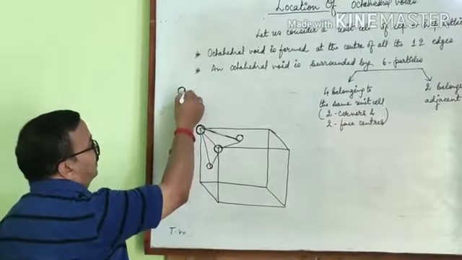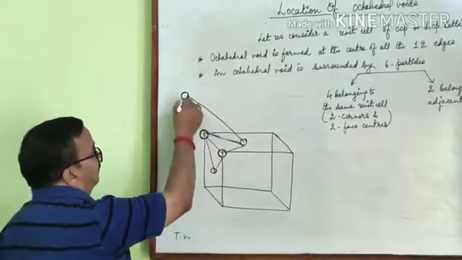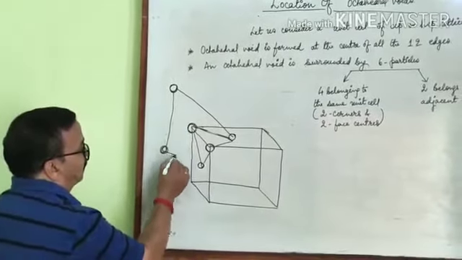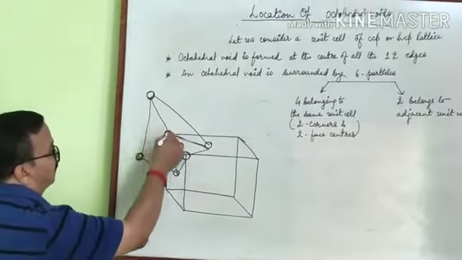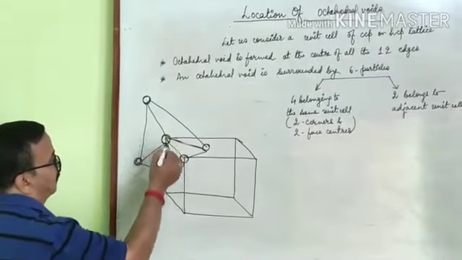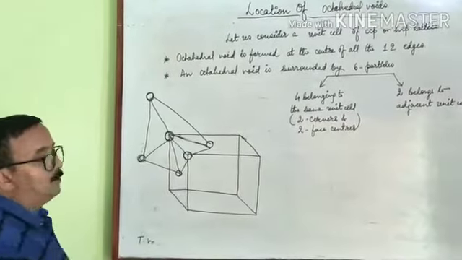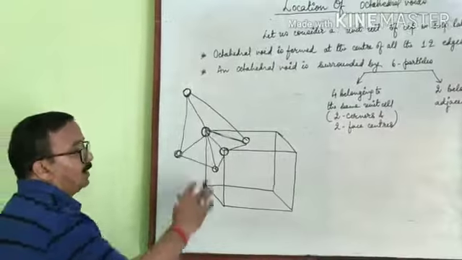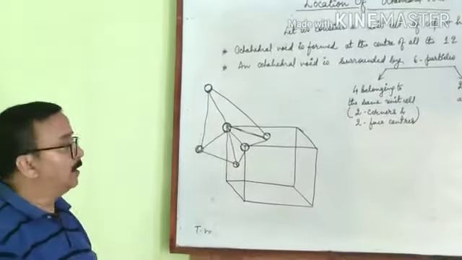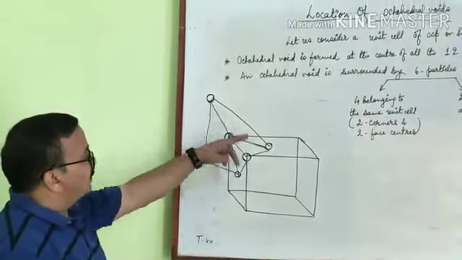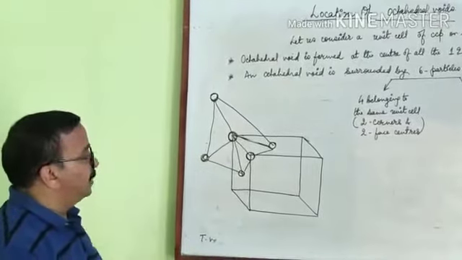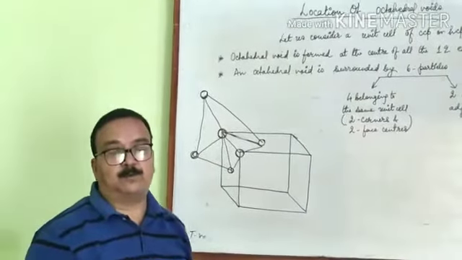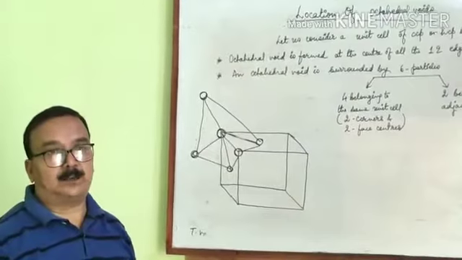Now if we connect this, then we observe that an octahedral structure is formed, and in this octahedral structure a void is formed, which is known as octahedral void.